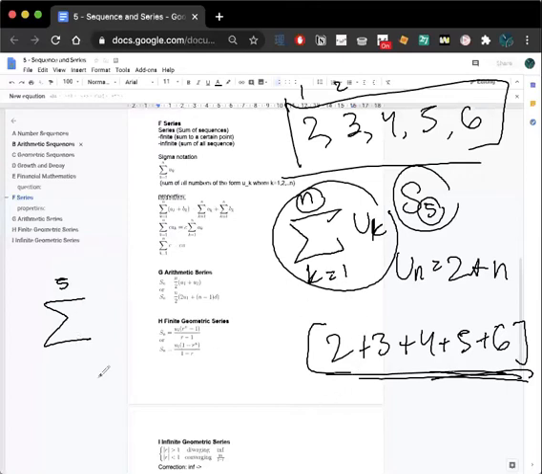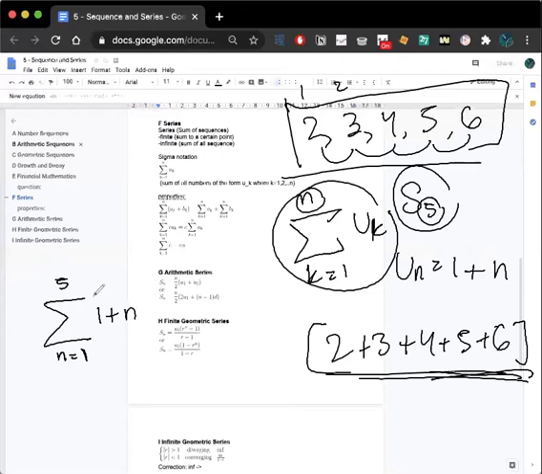And then the k can be changed into n, which means that n equals 1. So it starts with 1. Oh wait, sorry. This is supposed to be 1 plus n, not 2 plus n. Sorry. And then you can just write 1 plus n.